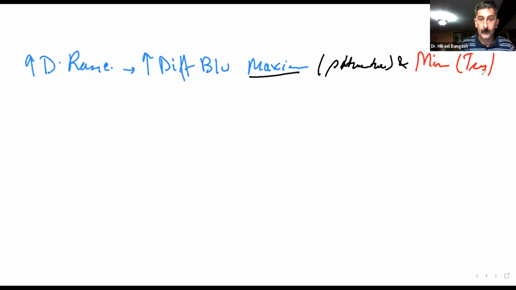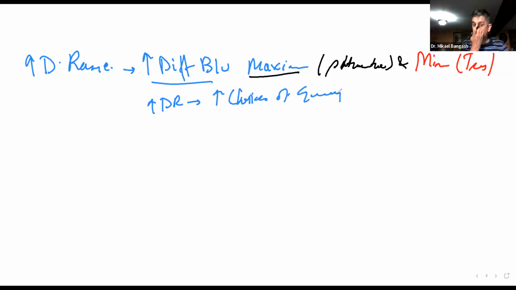Clear? And what this greater difference means is that we're going to use a greater dynamic range, which means a greater number of choices of gray, or we could say a greater grayscale.